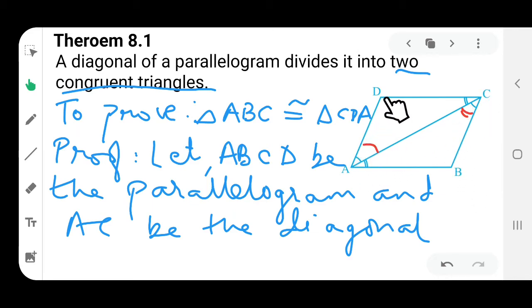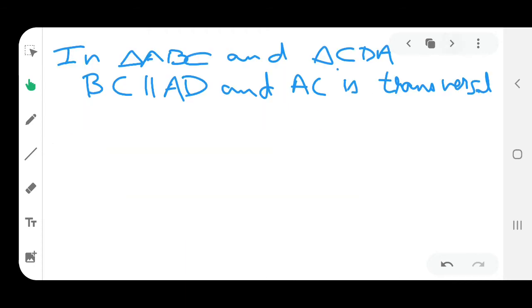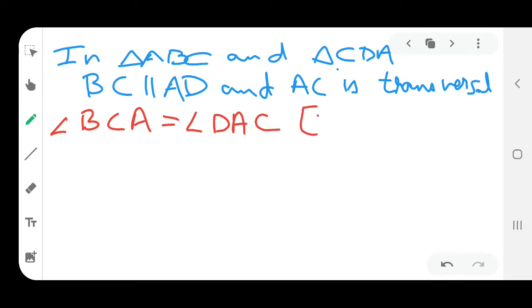These are a pair of alternate angles and they must be equal. So we write angle BCA is equal to angle DAC, and the reason in brackets is because they are a pair of alternate angles.